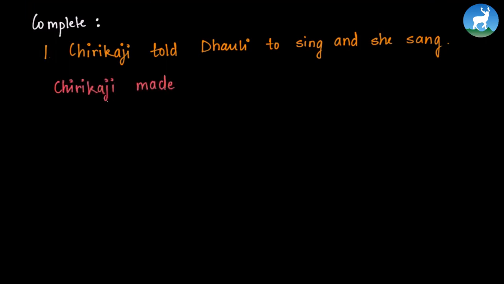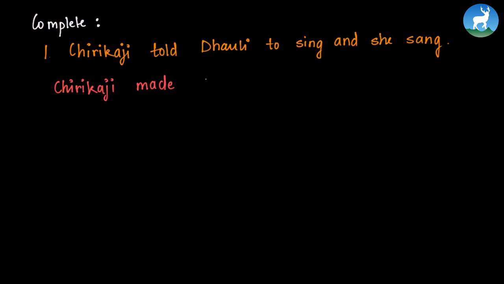So we need to complete the second sentence, Chirikaji made, and then there is a blank. The blank in the sentence is to be completed in such a way that the first sentence, that's Chirikaji told Dhauli to sing and she sang, is conveyed. The meaning is exactly the same in the second sentence.